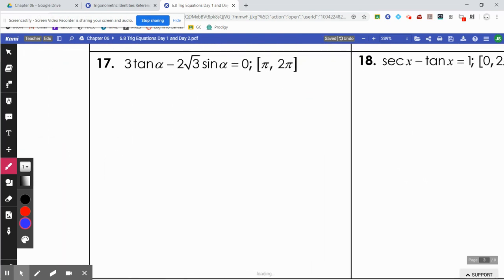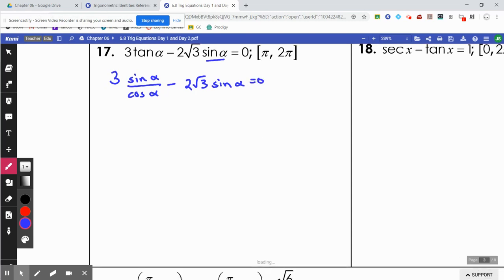Number 17. Now you have tangent stuff mixed with sine stuff. What we can do is change tangent to sine over cosine. Since there's a sine value in each term, we're going to be able to factor all those sine values out and isolate them completely. So let's factor sine out of each term.